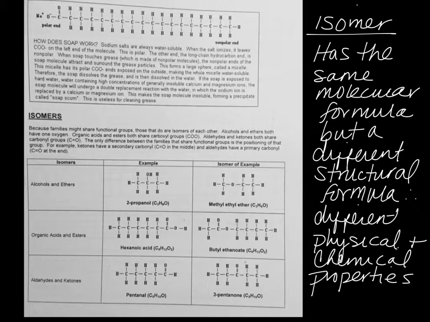You cannot change a double bond to a single bond. All you're doing is rearranging the atoms. Here we have an aldehyde, pentanal, C5H10O, and if I move that double bonded oxygen to the middle, I form a ketone, in this case 3-pentanone.